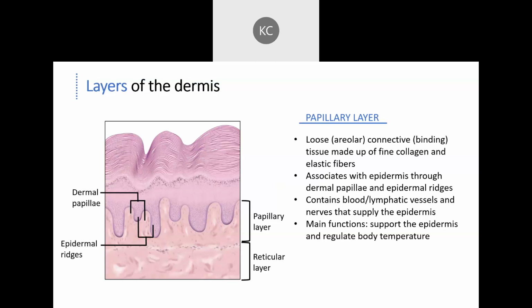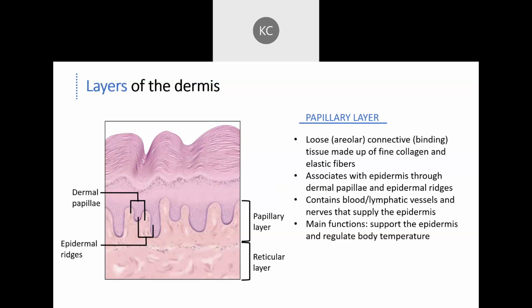With this papillary layer, we're going to have lots of things here. We're going to have nerves, sensory receptors, and blood and lymphatic vessels. Because of the presence of these blood vessels, the dermis is going to be able to help regulate our internal body temperature by dilating and constricting the blood vessels to allow more or less blood to go to the surface, to allow more or less heat to be lost.